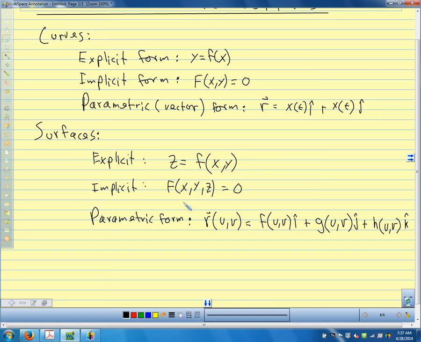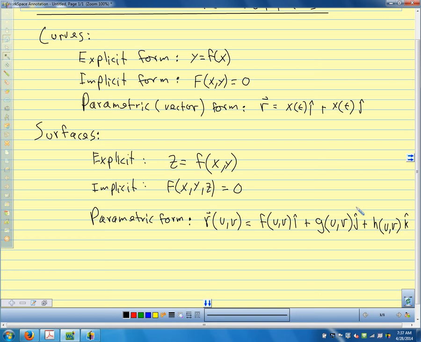So our surface r of u and v is our parametric surface, and the f, g, and h are parametric equations for the surface. On the cover of our textbook, that is a parametric surface, and I have the parametric equation written along the spine there. That's a pretty complicated parametric equation, actually.